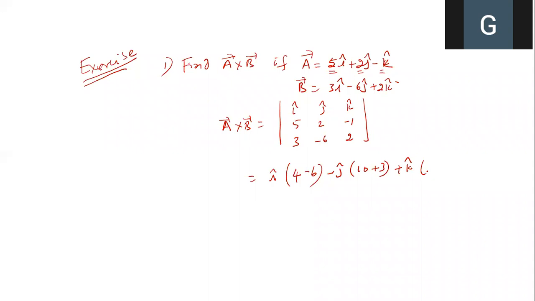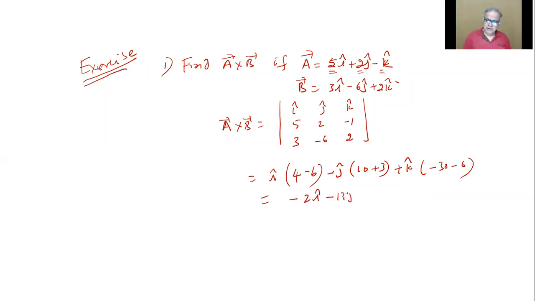Minus K, plus K. Plus minus plus gone. Minus 30 minus 6. That's all. So this is minus 2I minus 13J minus 36K.